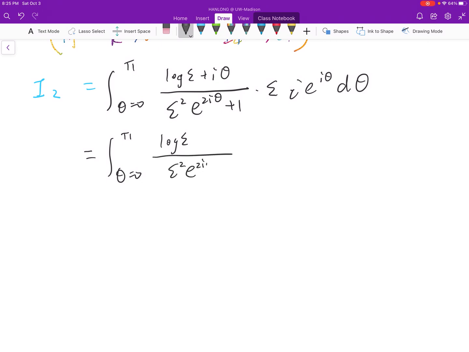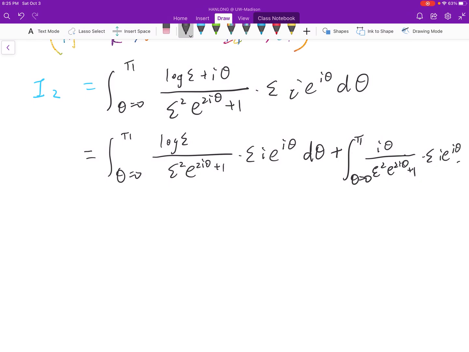The reason we separate this is because log epsilon and i theta have different growth rates when epsilon goes to 0. So when we separate them, we can use different methods to estimate. Sometimes the log part contributes, sometimes the other part contributes. This will be clear when we use the second method to evaluate the error terms.